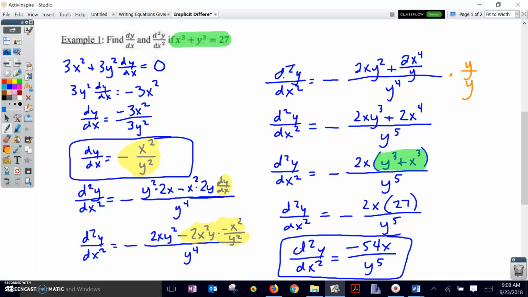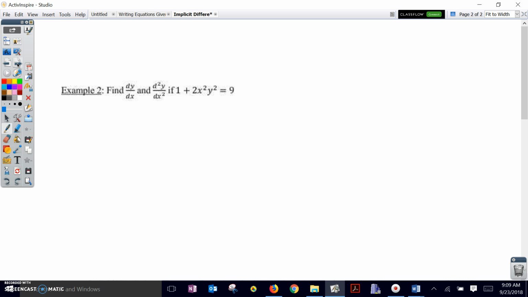Okay, let's go on to example 2. We're going to find the first derivative and second derivative given this scenario here. So I'm going to go ahead and take the derivative implicitly. I've got the derivative of 1 is 0, and then the derivative of 2x squared y squared. I'm going to use the product rule. I have a constant multiple 2.